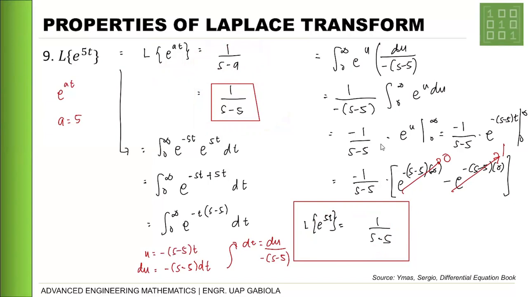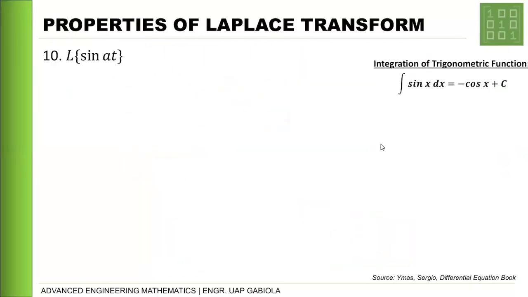Next, we move sa trigonometric function. Let us try si sine of at. So what if naman daw yung value ng ating function inside the Laplace equation is sine of at? Okay. So let's solve. We have integral of 0 to infinity e^(-st) then sine of at times dt.